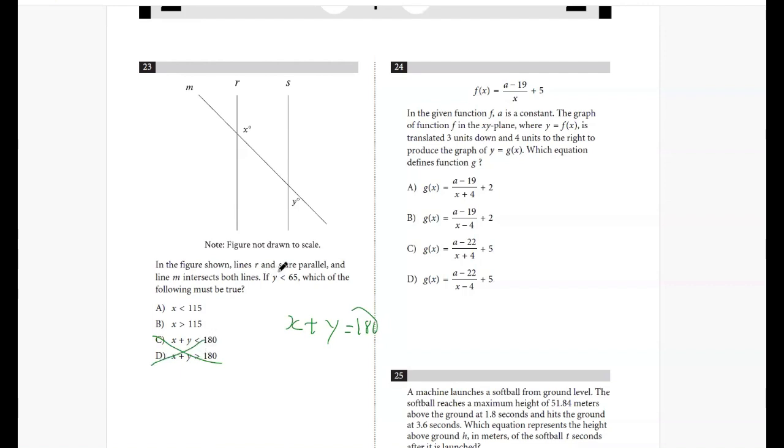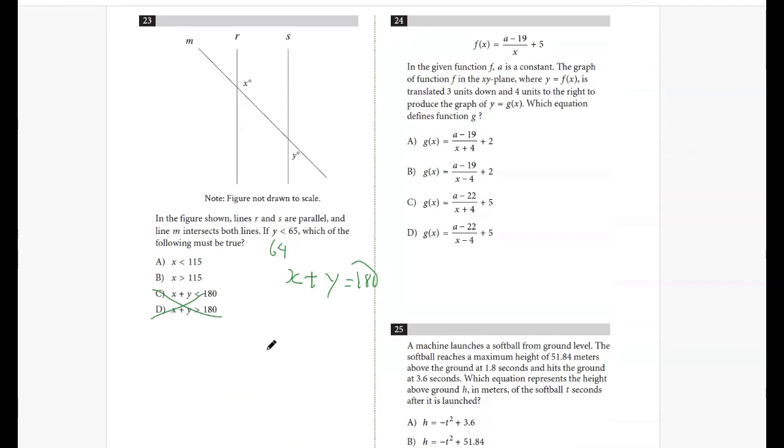Now, if y is less than 65, let's say I put a value of 64 here. 64 plus x is equal to 180, and x is equal to 116, because the y value at the most can be 64. 116 is greater than 115, right? Since that's the case, the correct answer here would be B.